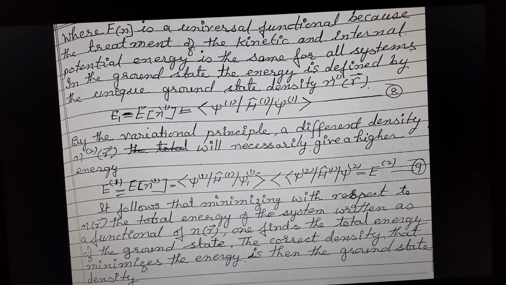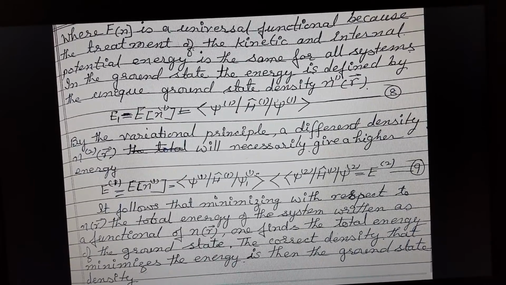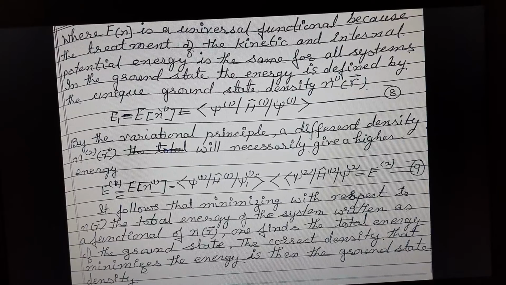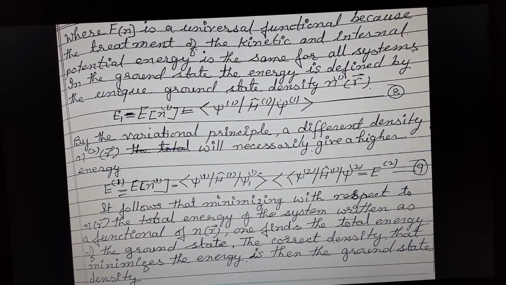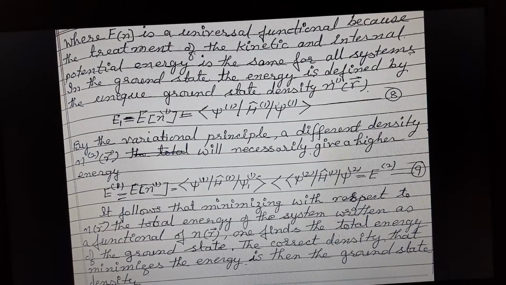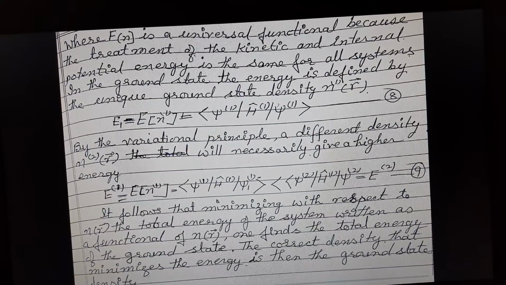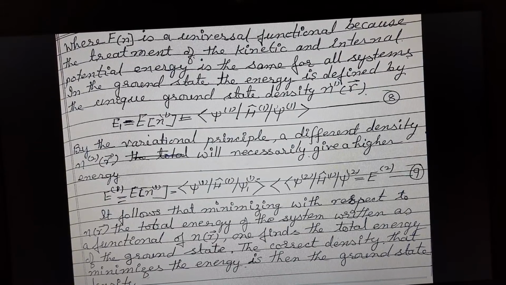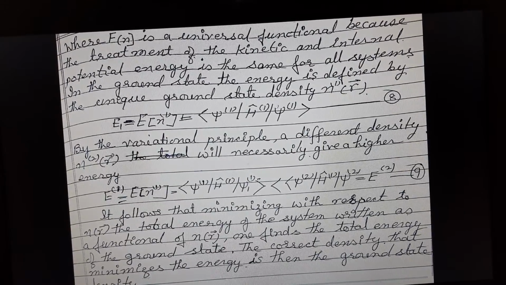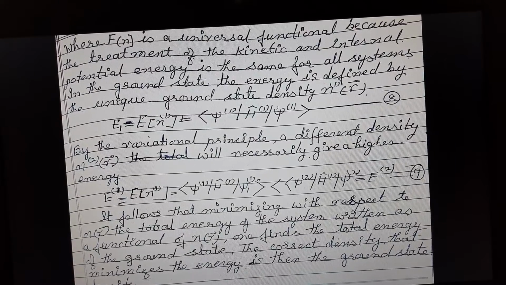all systems. In the ground state, the energy is defined by the unique ground state density n1(r) is equal to E1 equal to E[n1] equal to <psi 1|Hamiltonian 1|psi 1>. Equation number 8.